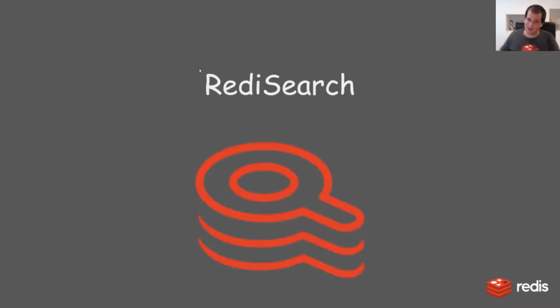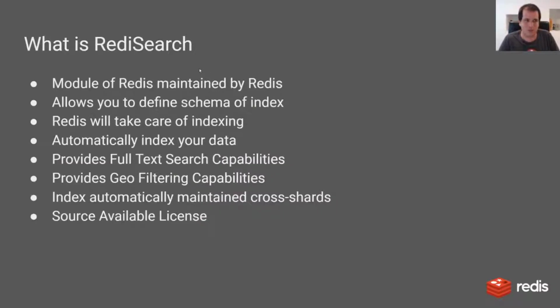And so that brings us to Redis Search, which is sort of the topic of this talk. What is Redis Search? Redis Search is a module of Redis that's maintained by Redis. It allows you to define the schema of an index, and then Redis will automatically take care of indexing and everything for you.